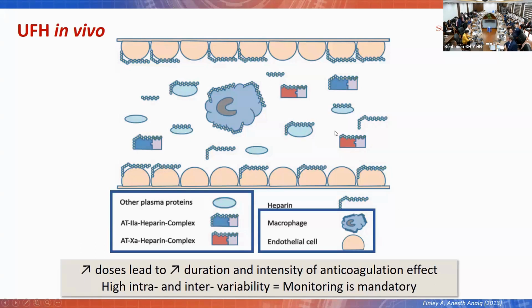But it will also bind to other proteins and cells, especially endothelial cells and macrophages. And this part of heparin, which is bound to endothelial cells, to macrophages, and to other proteins than antithrombin plus factor 10A or plus factor 2A, this fraction of heparin is inactive.